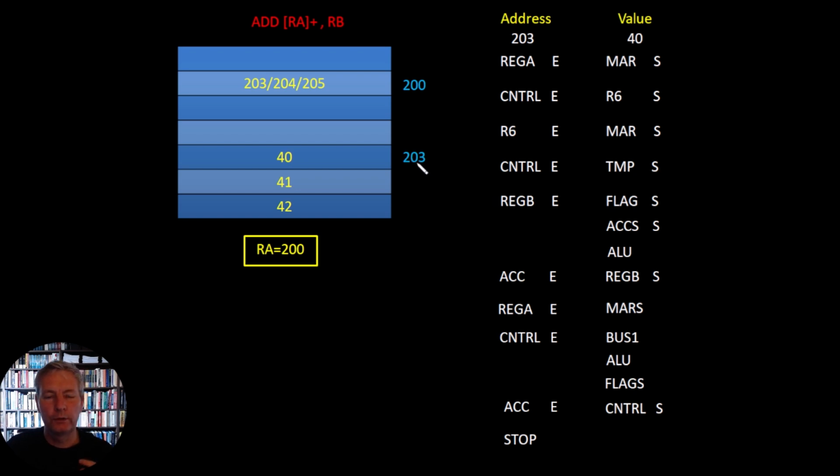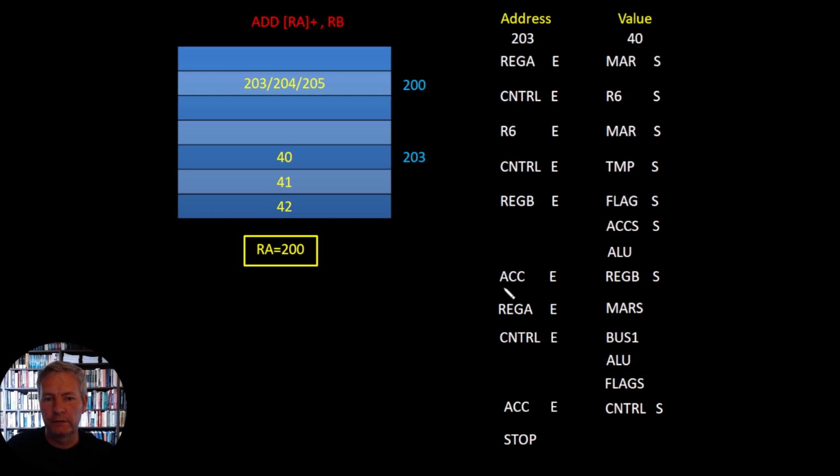But we don't want to point to the position 203, we want to point to the actual memory location 200 and then pull out the value 203. You can see here the very first memory address register set pointed us to here. The next memory address register set pointed us to here. But now we're going to have to point back to here again.